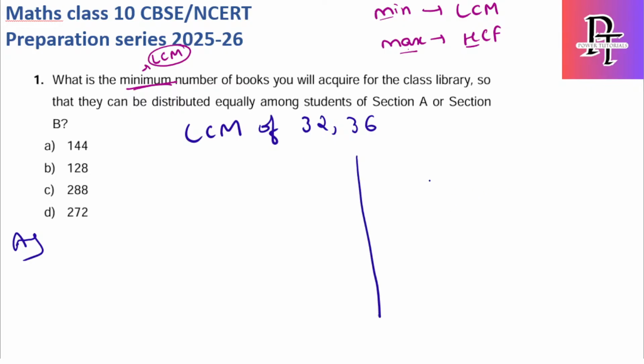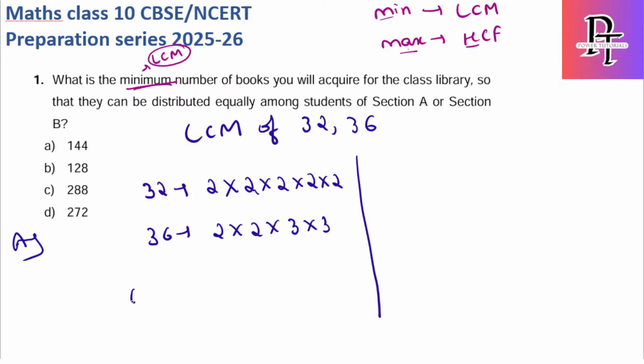For the prime factorization method, let's write 32 in terms of prime factors. 2 2s are 4, 4 2s are 8, 8 2s are 16, and 16 2s are 32. So it is simply 2 power 5. What about 36? 2 into 18, 18 is 2 into 9, 9 is 3 into 3.